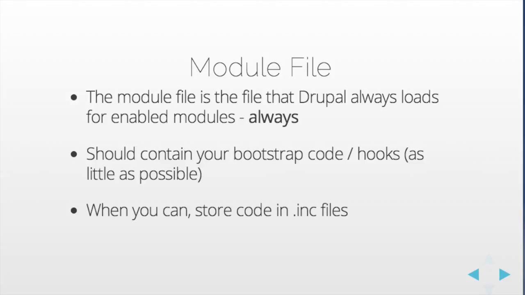Anything else that can be spread out should be spread out. And the reason why I emphasize this is if you've got a site with 100 modules, 200 modules, and you have, well, let's say 100 enabled, Drupal's going to load up 100 module files for every request. So if every module developer put all of their code in that module file, you'd get a lot of code bloat.